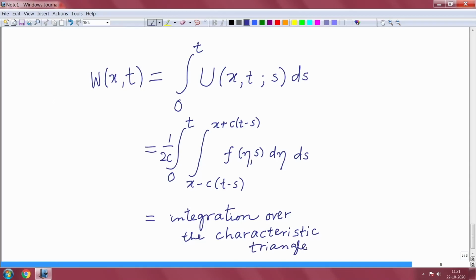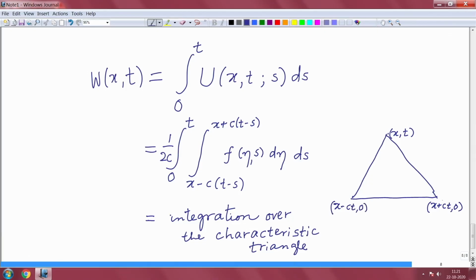So, what is this characteristic triangle? So, a point x t is given. So, t is positive, and we want to evaluate that solution at that point. So, what you do is you just take these characteristics. So, this is the x axis, that is t equal to 0 line. So, this is x plus c t, 0, and this is x minus c t, 0.